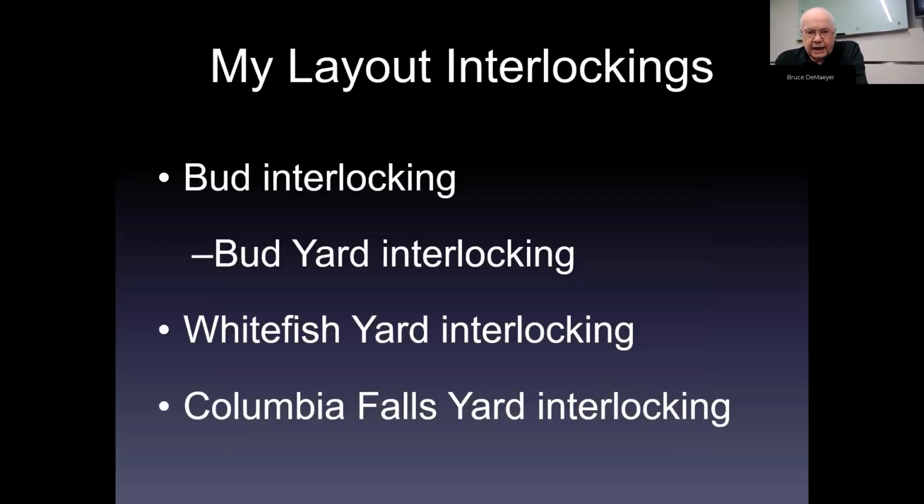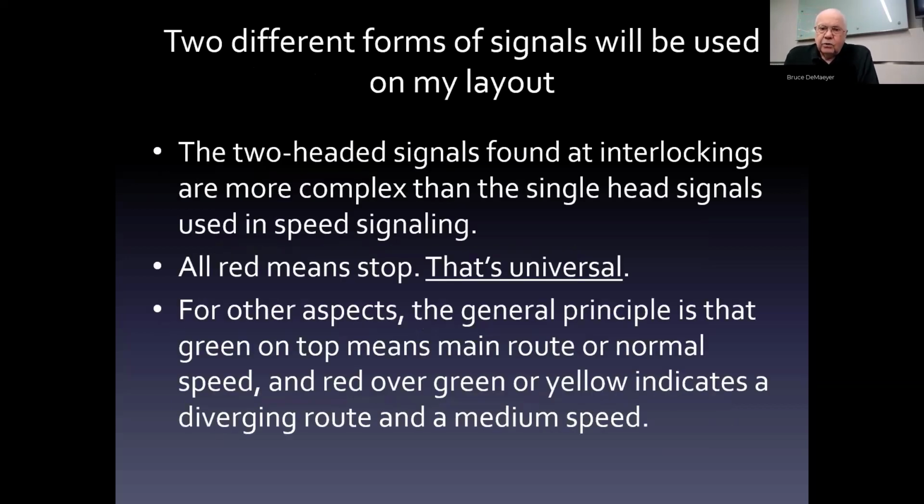Okay, there's my interlockings, as I just said. I'm going to be using 2-headed signals, okay? So there's 2 heads on each of the signals in the interlocking world, and in a single head system in speed signaling, there'll only be 1. There's no reason to have 2 because you're not doing any diverging anywhere on speed signaling.